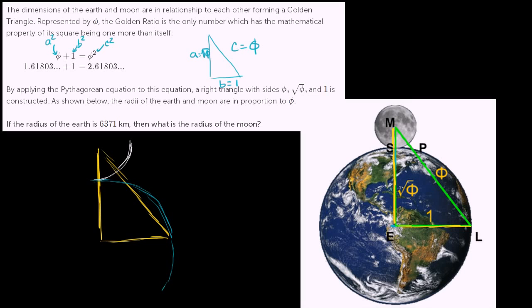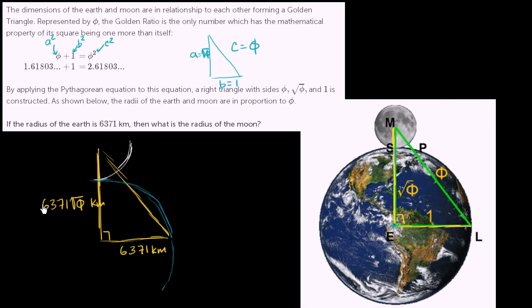They told us that the radius of the Earth is 6,371 kilometers. Well, they also told us that this height, the height of this right triangle, is square root of phi Earth radii. So if we write it in terms of kilometers, it's going to be 6,371 times the square root of phi kilometers.